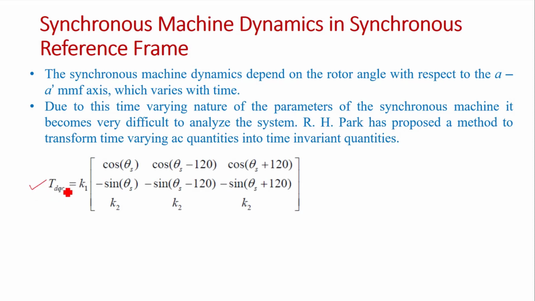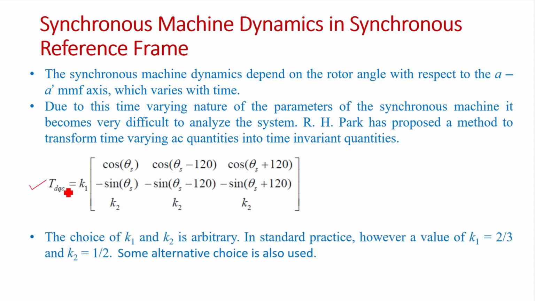Already we discussed the values of K1 and K2, and how to choose them. So in this analysis particularly, we'll choose K1 equal to 2 by 3 and K2 equal to 1 by 2.